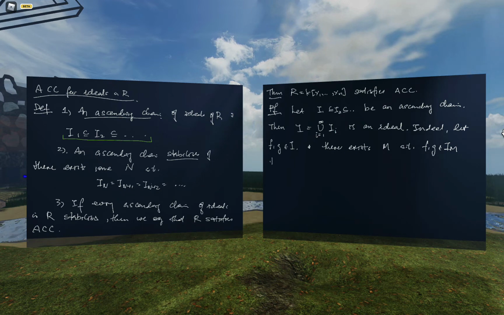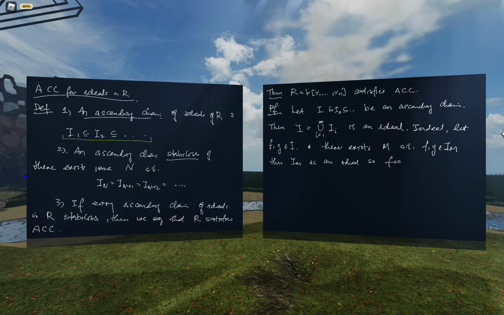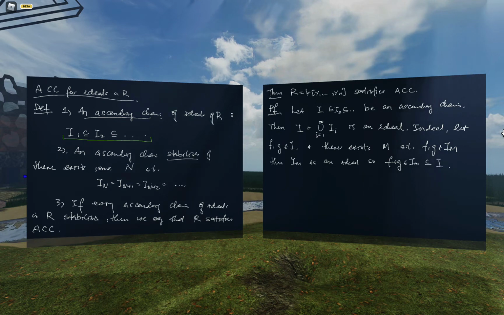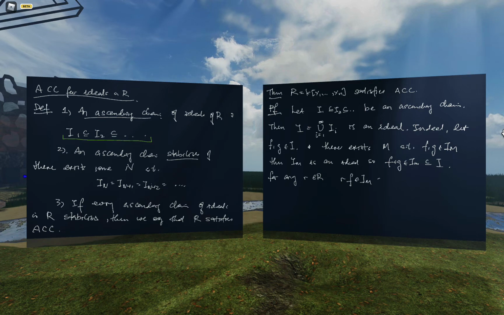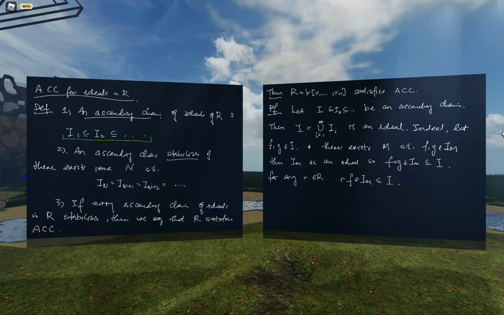Then I_m is an ideal, so f plus g is in I_m, and that's in I. You can do this with any two elements in I, so it's closed under addition. And for any r in R, you can do the same thing: r f is in I_m because it's an ideal, so that's also in I, so we're done. So this is the easy bit.